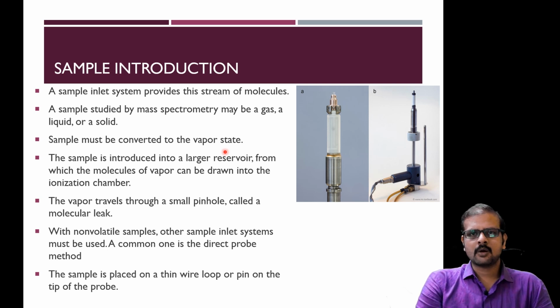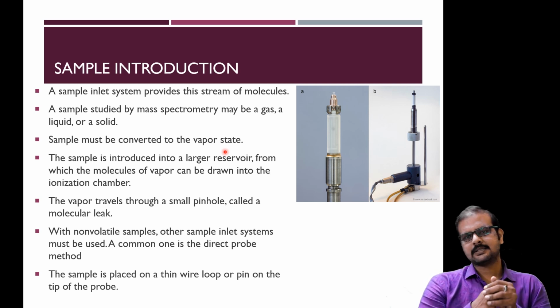But if it is non-volatile or a solid, we have to first convert it into the vapor state, then send it into the ion analyzer. For this, there is an oven, which is vacuumed. You have already seen in the previous slide that there is a vacuum in the sample analyzer.